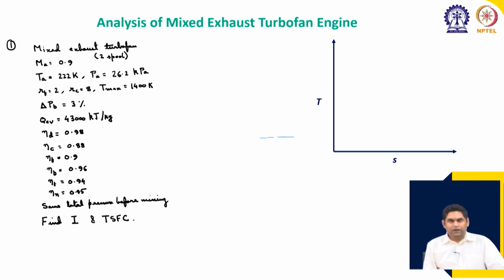Before we start the comparison, if you remember, we had already discussed the solution of design point calculations for the unmixed type of turbofan engine, and later we did it for the mixed type turbofan engine. For the mixed type problem that we had selected, we again solved it with the same parameters for the unmixed type turbofan engine also.